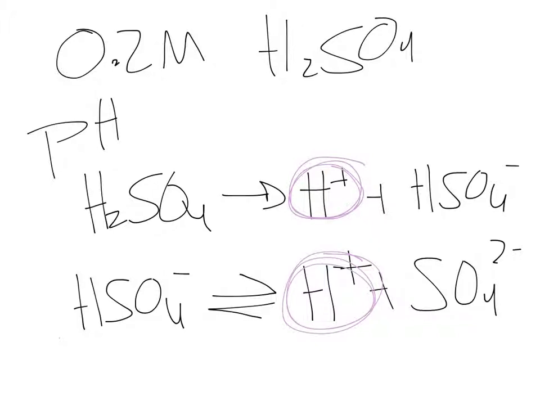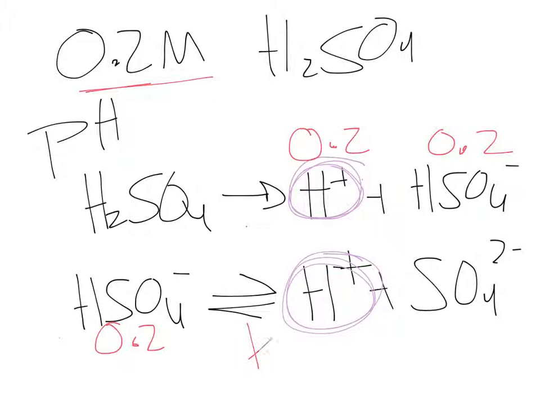This one right here would be 0.2 because it was the original concentration, so this is 0.2 too. Then you would have to do Ka equals x squared over M. But you also have to factor in that you already have some H plus in there, which is why you would add them together at the end.